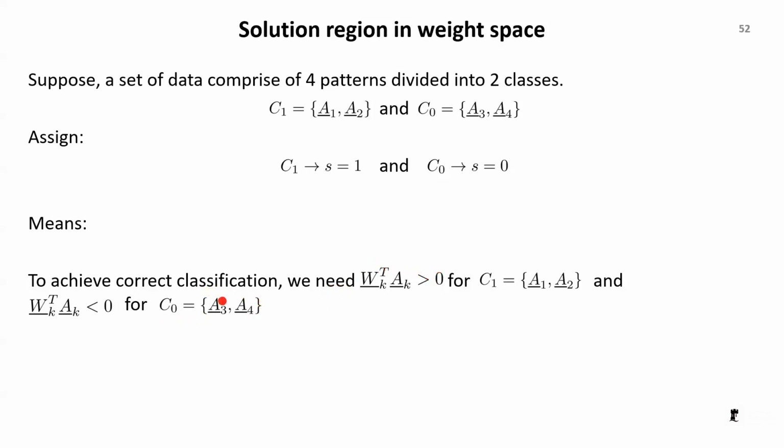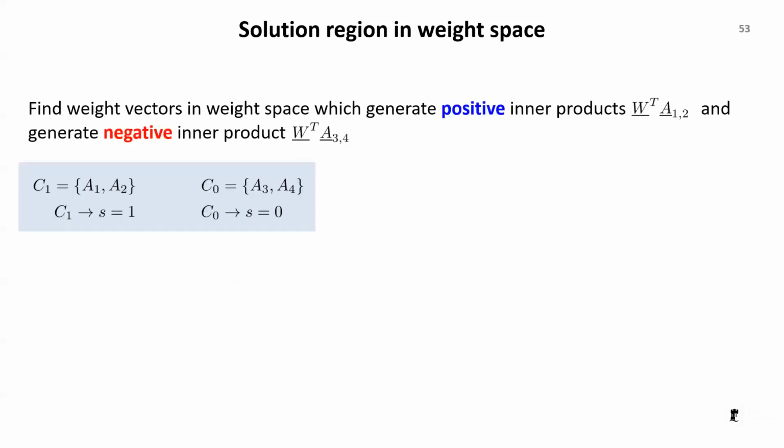But for input points A3, A4, if we plug them in, for whatever weight that we want to find, it should be negative. So that's what we want to try to do. Just to repeat again: for points 1 and 2, we want a positive inner product. For points 3 and 4, we want a negative inner product.